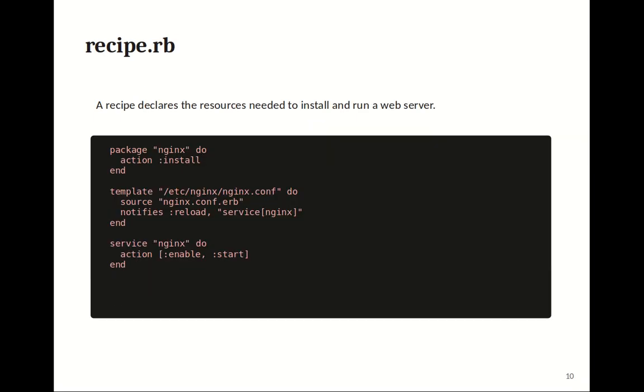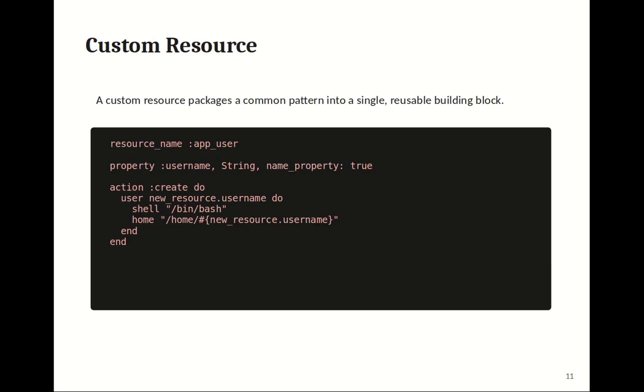Recipe.rb: a recipe declares the resources needed to install and run a web server. Custom resource: a custom resource packages a common pattern into a single reusable building block.